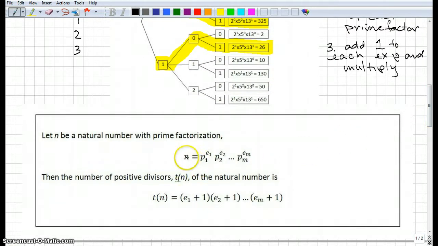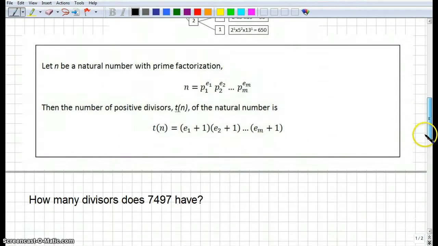If we have n and we write it in terms of its prime factors, then the number of positive divisors that number has is the exponent plus 1 times the next exponent plus 1 times the next exponent plus 1. So you just take all the exponents, add 1, and multiply. Okay? So let's do another example.